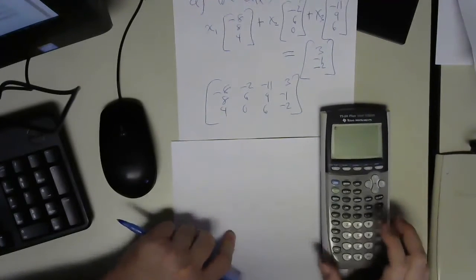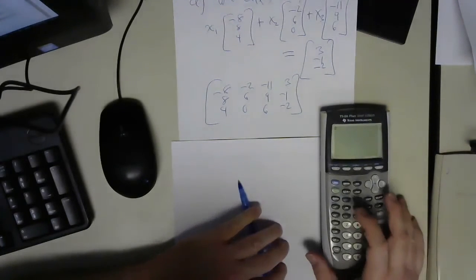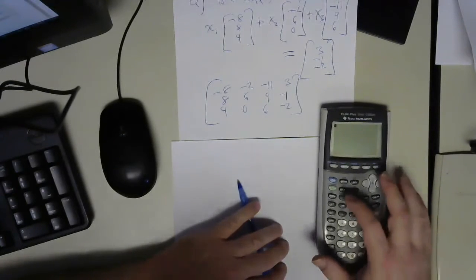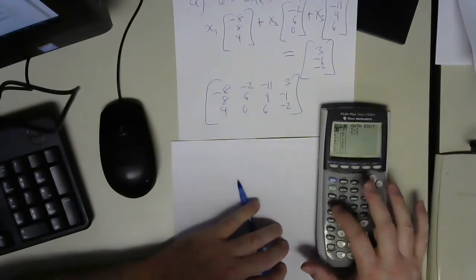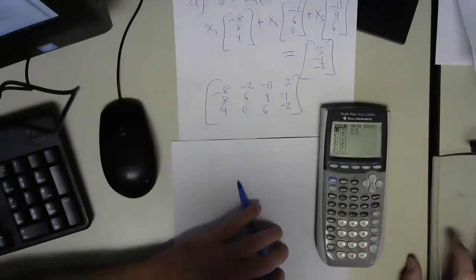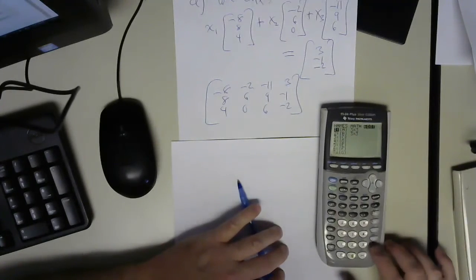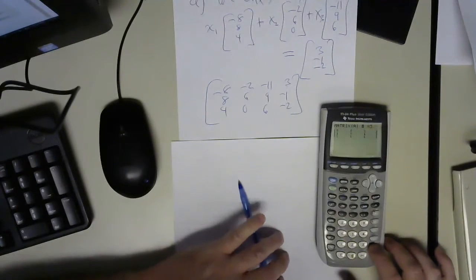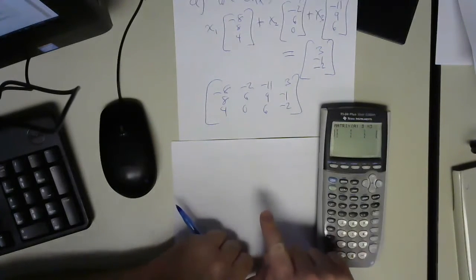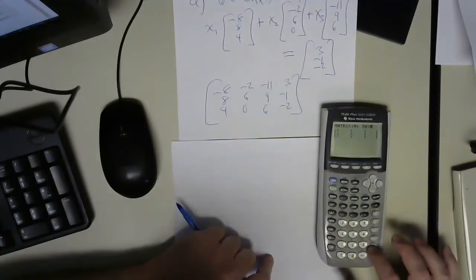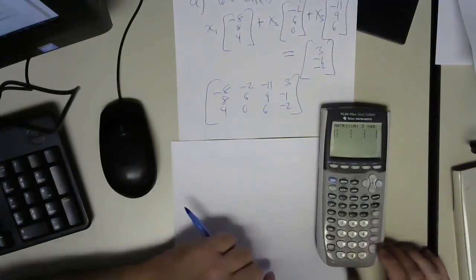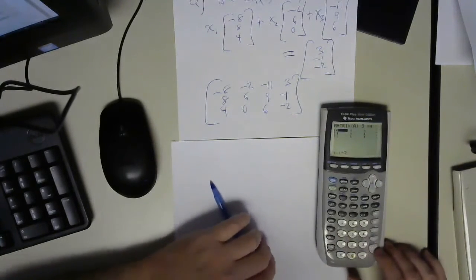Okay, so remember on the calculator, you always have to enter the matrix first, give it a name. So go to matrix, which is right above the x to the -1 key. When you enter a matrix, remember, choose edit. I usually like to call it A every time. But it looks like this one is a 3x4. You have to put in the size of the matrix. And now the entries.